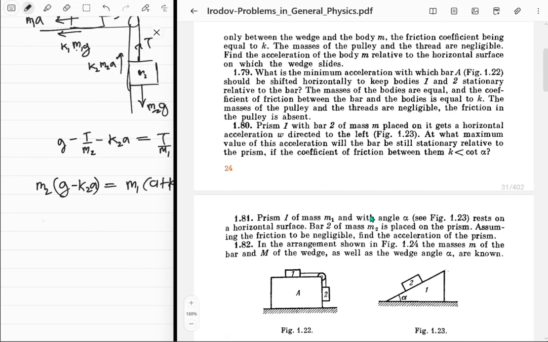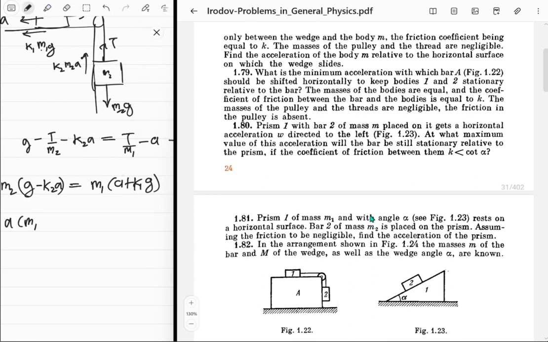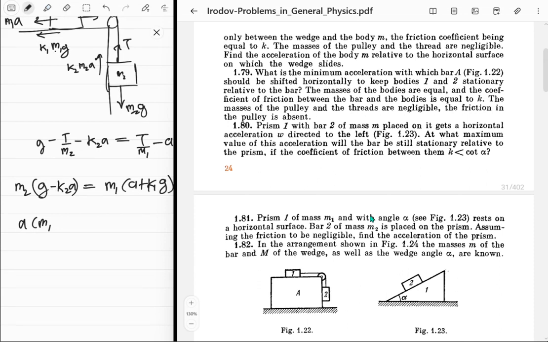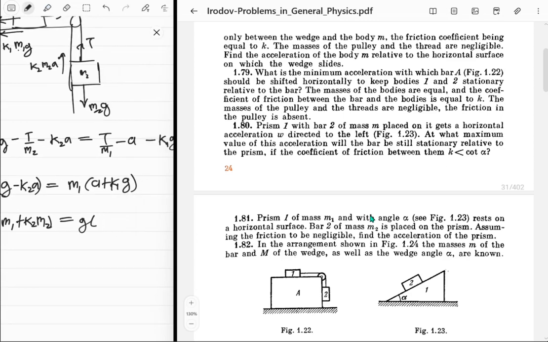It's got a times m1... wait, what, isn't this supposed to... okay, yeah, I mean, this is not a force, of course. There we go. So m1 plus k2 m2 is equal to g times m2 minus k1 m1. Makes sense.